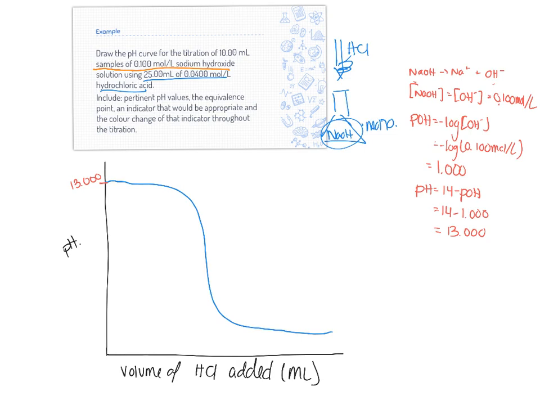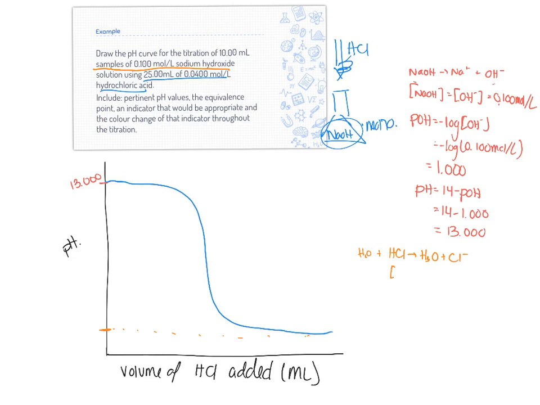Now, we could also find the pH of our titrant. So at the end here, it's approximate. Again, it's not a perfect number. It may be slightly higher, but that's okay. Okay, so HCl reacts with water to make H3O+ and Cl-.